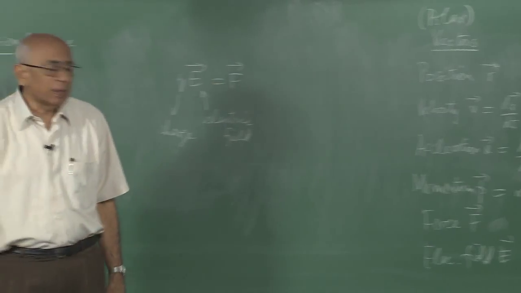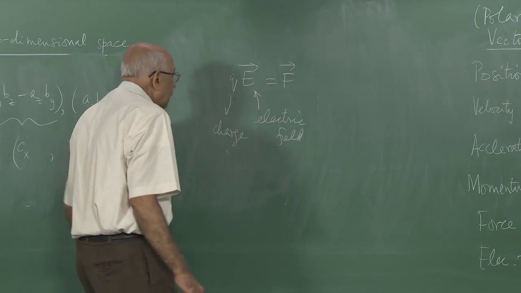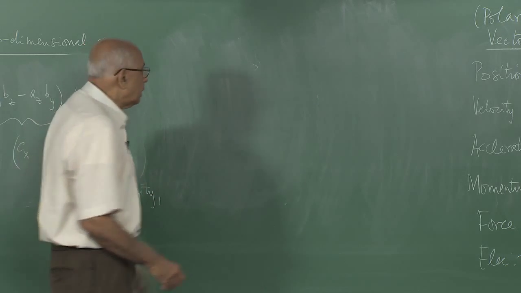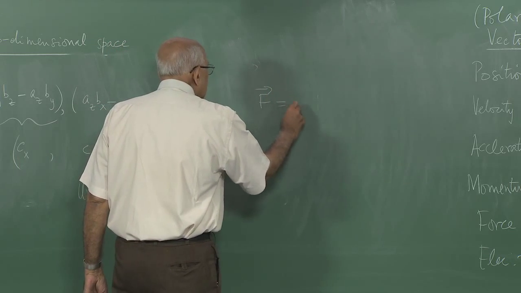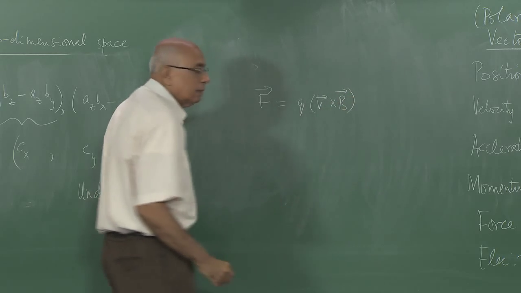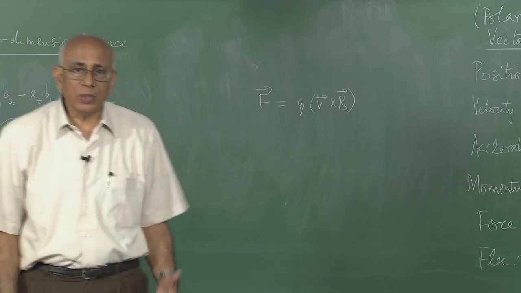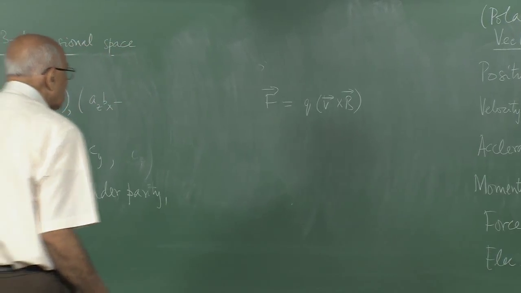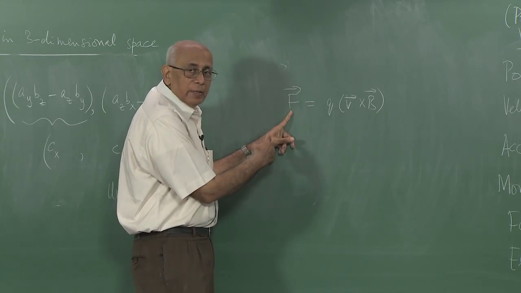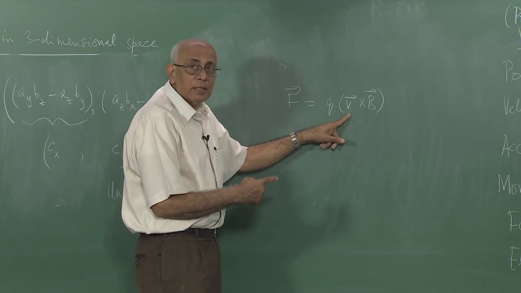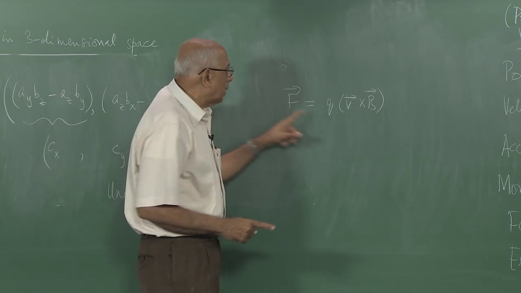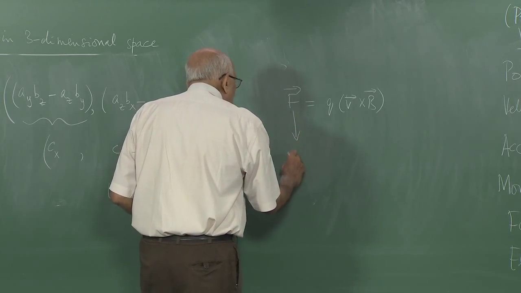What about a magnetic field? Well, that is a little more complicated. When I apply a magnetic field B on a charge Q and the charge is in motion, then the magnetic force on this charge is q times the cross product of V with the field B. That turns out to be the force, it is called the Lorentz force on a charge which is moving in a magnetic field which is applied. Now I know that this is a polar vector, that is a scalar, this is a polar vector, that therefore has got to be an axial vector because this quantity will change sign under parity.